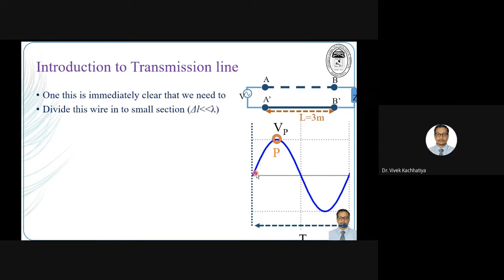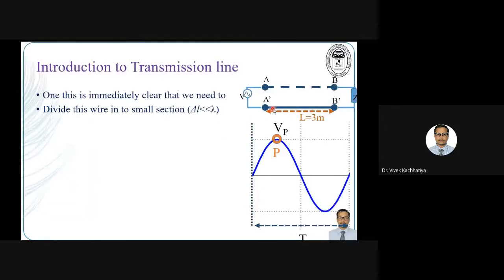So now this 100-meter length and the wavelength of somewhere around 6,000 kilometers, we understood the difference of about 6 into 10 raised to the power 4 times L. So we understood that we need a difference of 10 raised to the power 4, and then we can neglect this transit time effect.